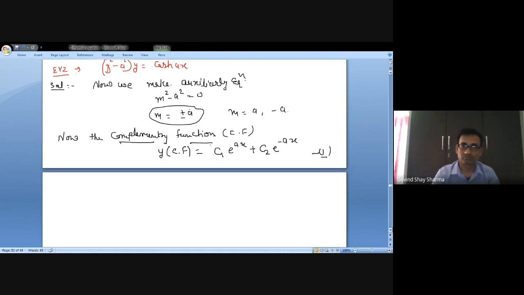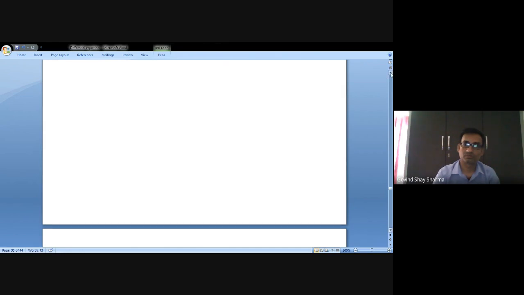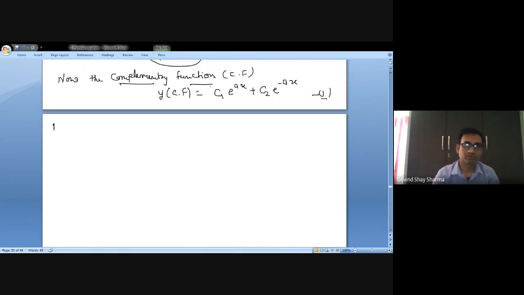Now here, we know that cos hyperbolic ax is equal to e to the power ax plus e to the power minus ax upon 2.